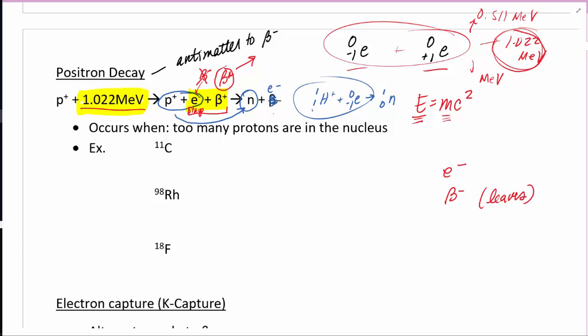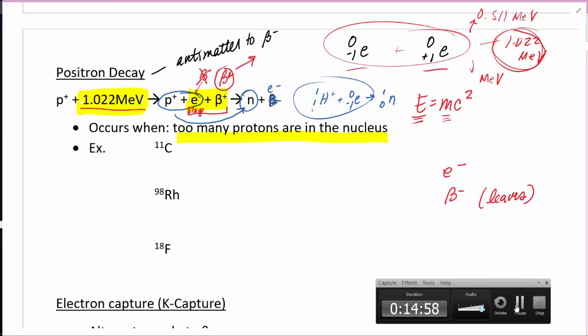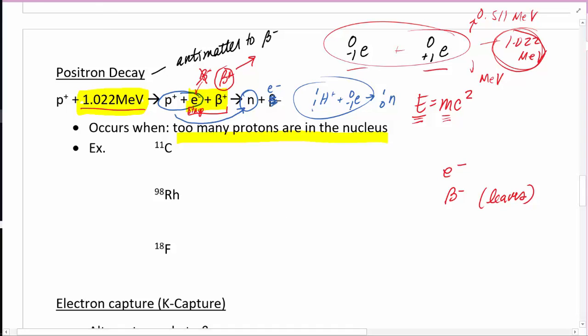So this occurs when too many protons are in the nucleus. Because what does it do? It turns a proton into a neutron. And that's what's going to happen. Oh, geez. I apologize. I have a typo, and that's why this is screwing up. This is supposed to be beta positive. That's what leaves.